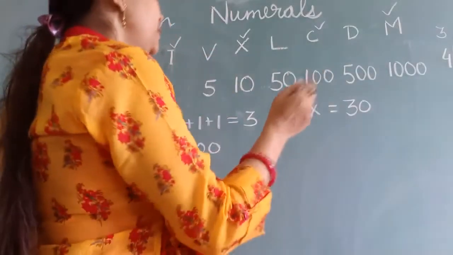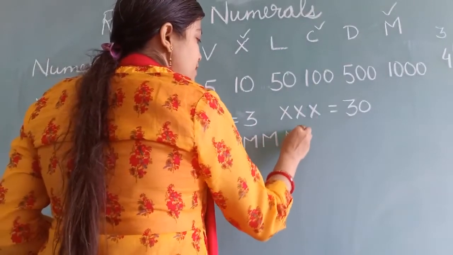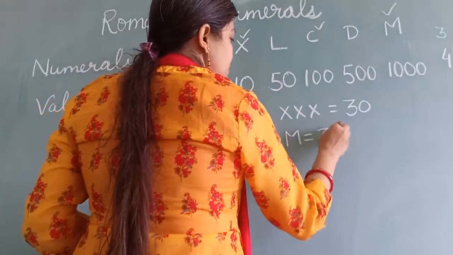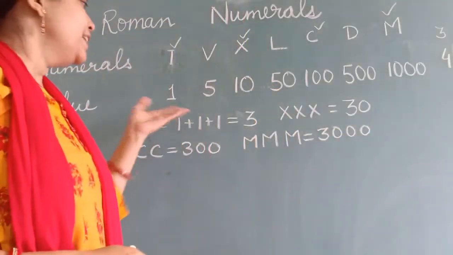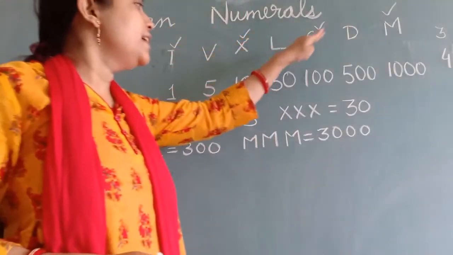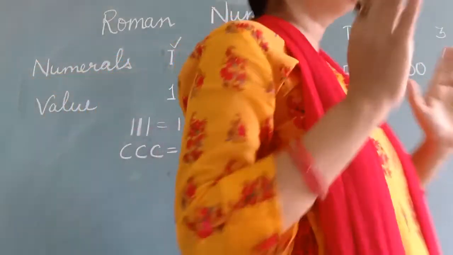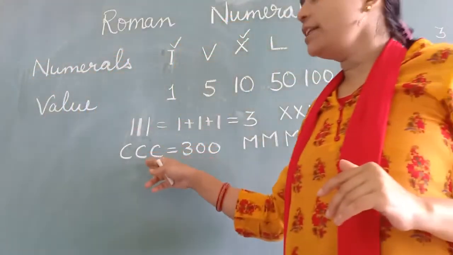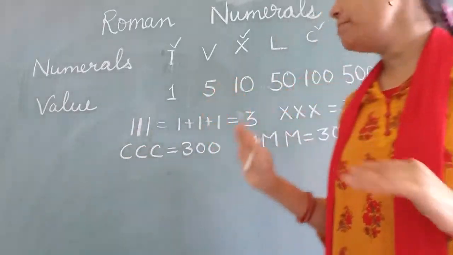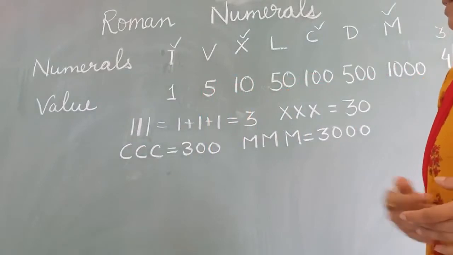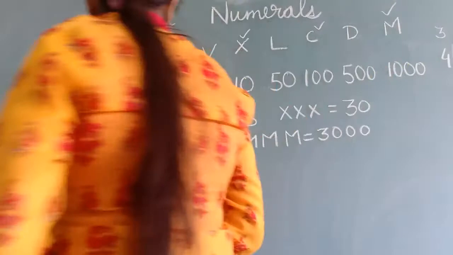Similarly, M also we can repeat 3 times. 1 M is equal to 1000, 2 M is 2000 and 3 M is 3000. Okay children? So we can repeat only I, X, C and M, but maximum 3 times, not more than that. We can repeat 2 times, we can repeat 3 times, but not 4, 5 or 6 times. So you can see we can write 30, 300 and 3000 like this by repetition.